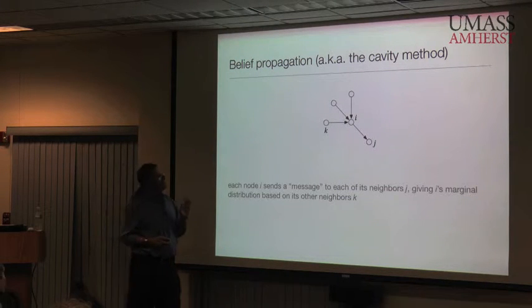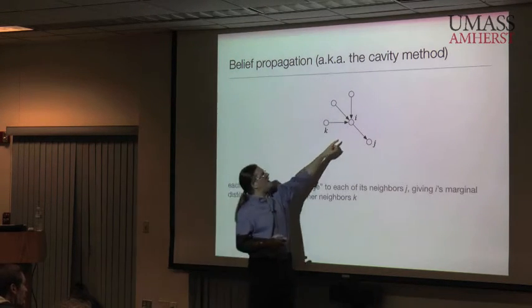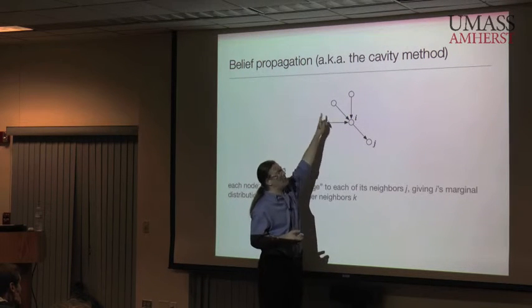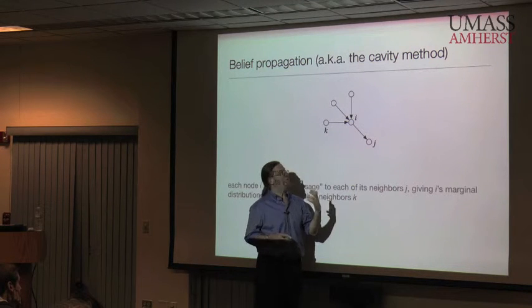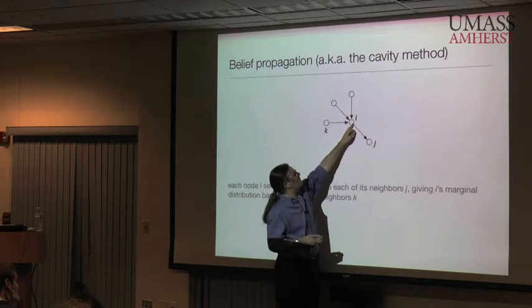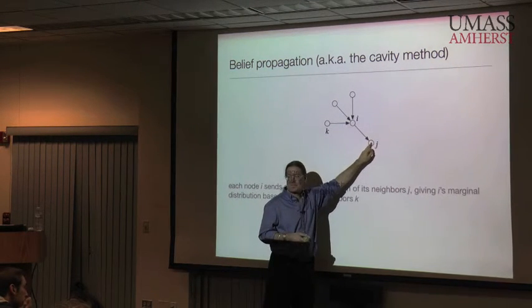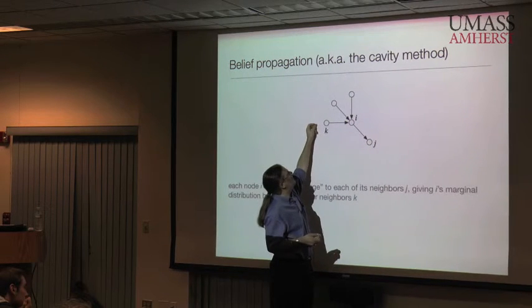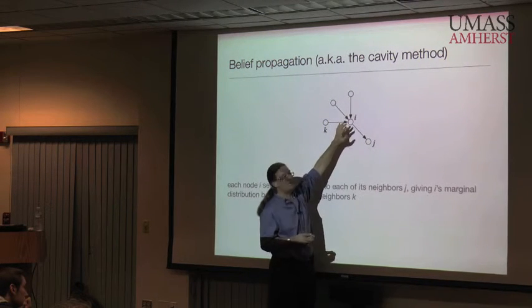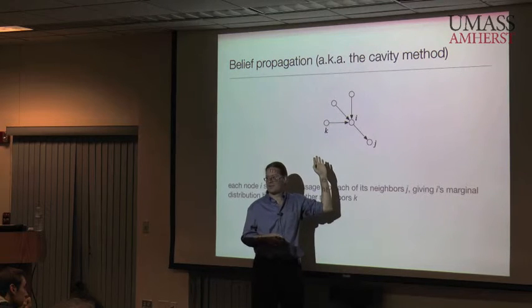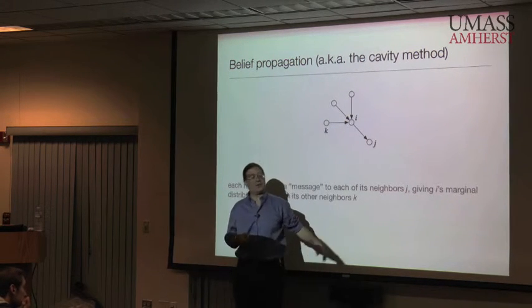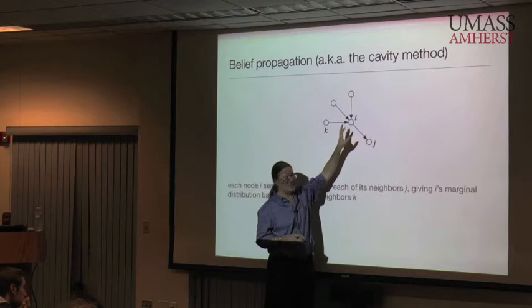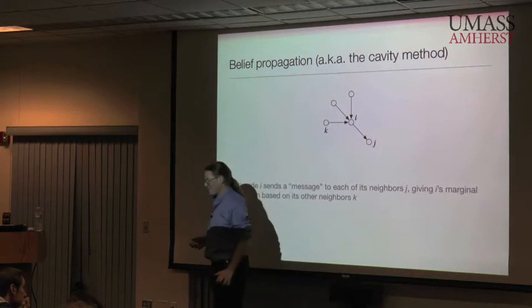But there's the clever twist, first of all, that I can send different estimates to different neighbors. Moreover, when I figure out what it should tell J, it bases that on the messages it's receiving from all of its other neighbors. Meanwhile, it sends something to K based on its neighbors other than K.